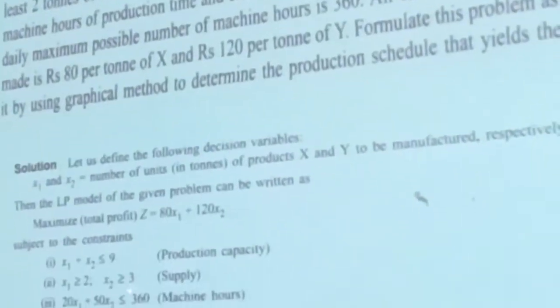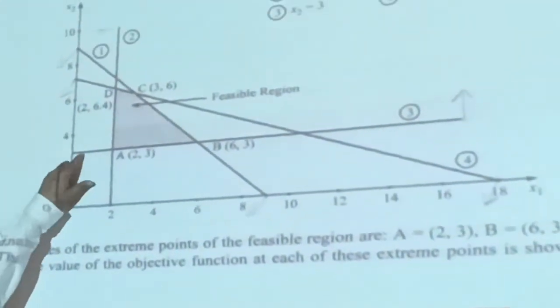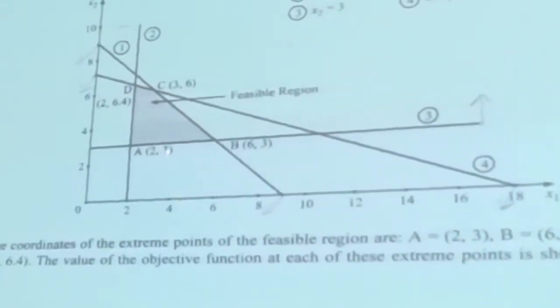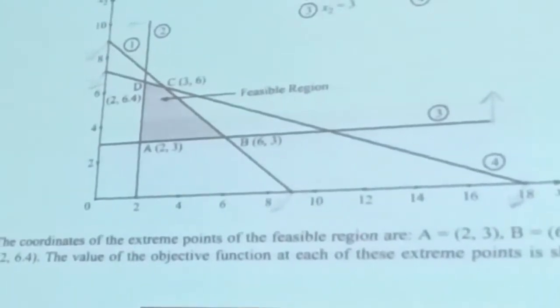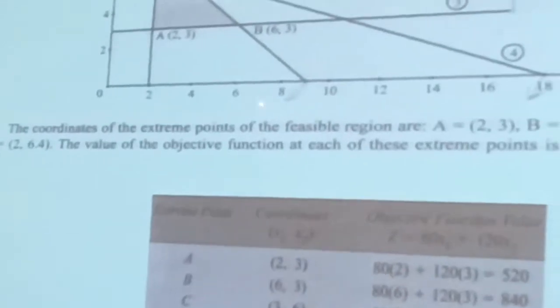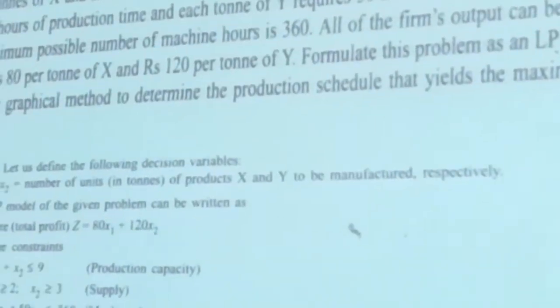Then we have got x2 greater than 3. Okay, x2 equal to 3 is this. This is x2 equal to 3. Greater than 3 is above this line. So therefore solution space is above this line. Okay. Last line is the fourth constraint, 20x1 plus 50x2. That we have plotted here. Okay. And what's the constraint? Constraint is less than.